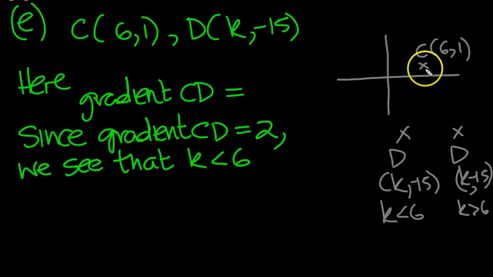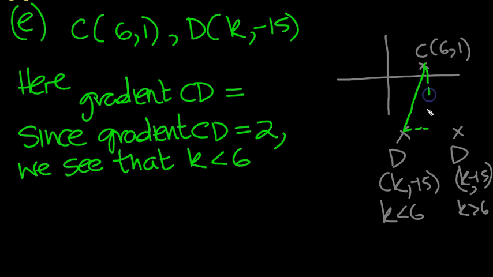It must be here because this is a positive gradient. This would produce a negative gradient. K is less than 6 then, so we can draw in the line here, from here down to here, if I can draw it correctly.